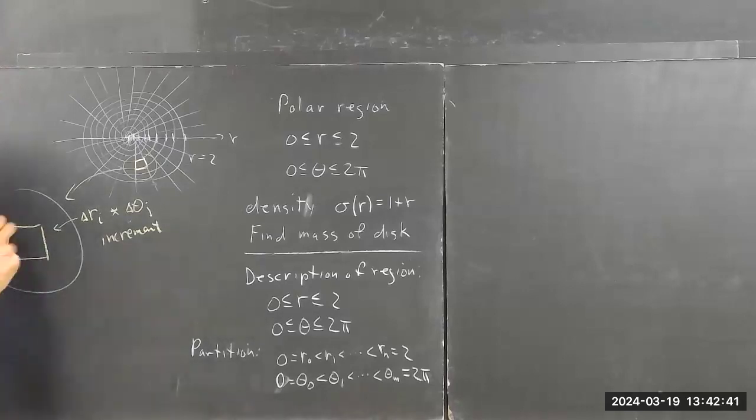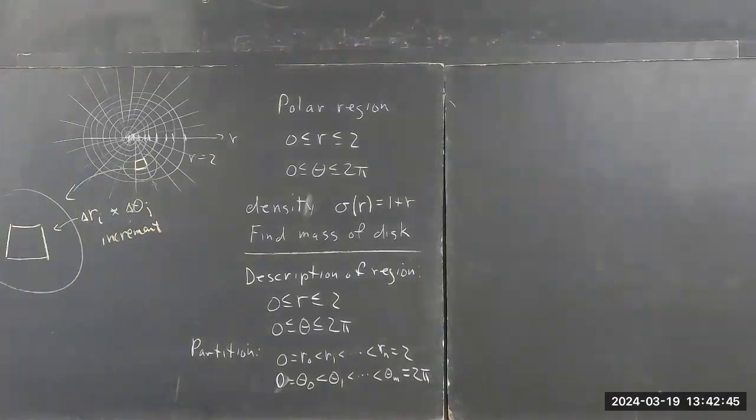Now, what are the dimensions of this increment? What's the area of this increment?